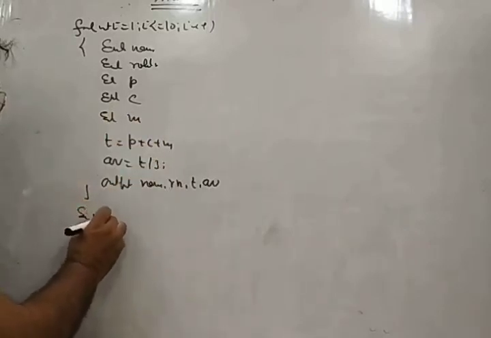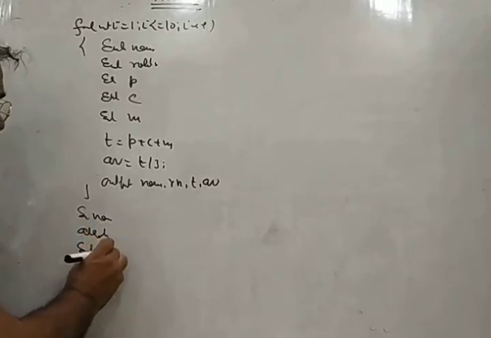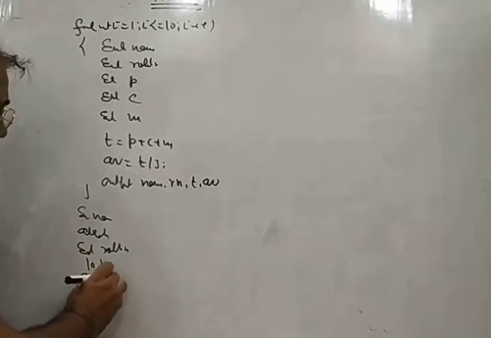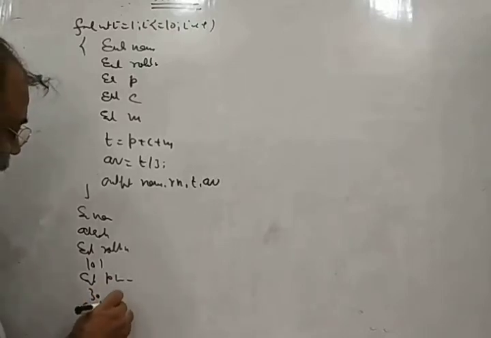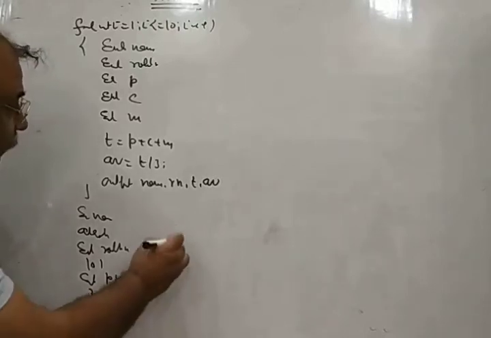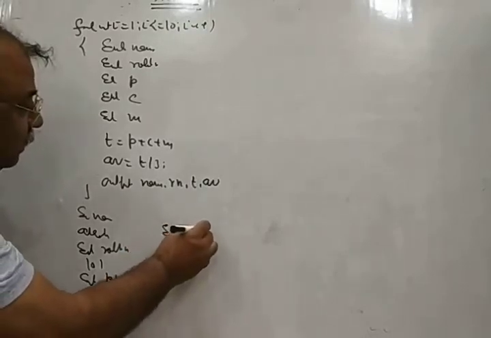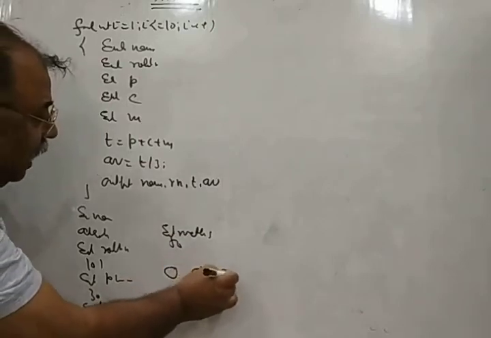Enter name, say Akash, enter roll number, say 101, enter physics marks, say 30, enter chemistry marks, say 40, enter maths marks, say 50, and then name, roll number, total and average will come.